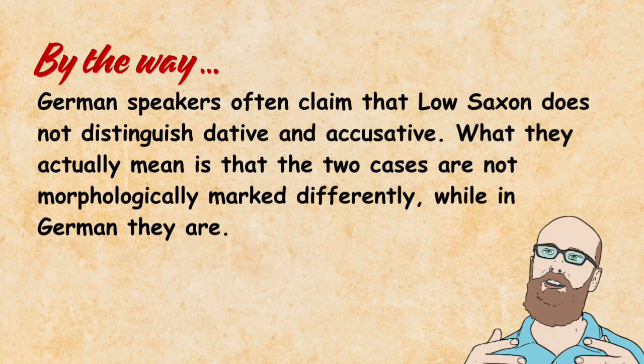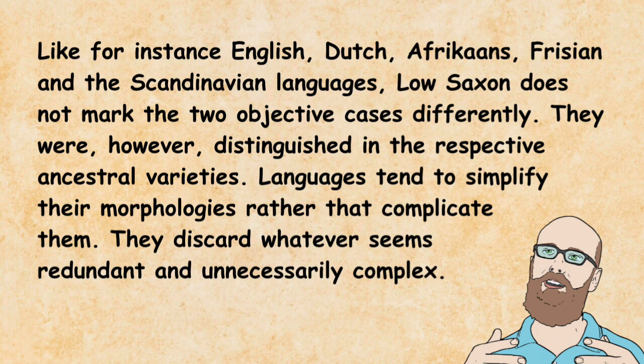By the way, German speakers often claim that Low Saxon does not distinguish dative and accusative. What they actually mean is that the two cases are not morphologically marked differently, while in German they are. Like, for instance, English, Dutch, Afrikaans, Frisian, and the Scandinavian languages, Low Saxon does not mark the two objective cases differently.